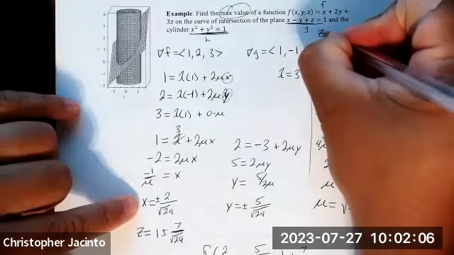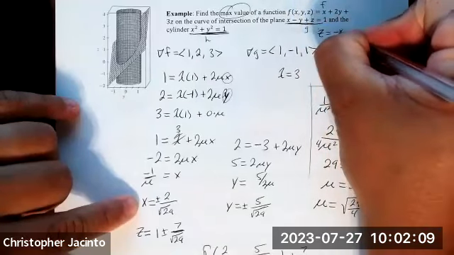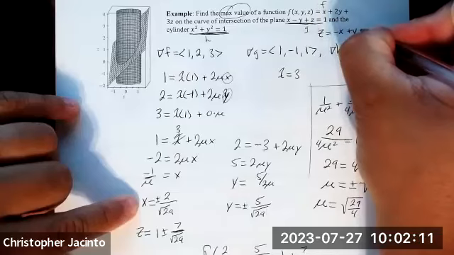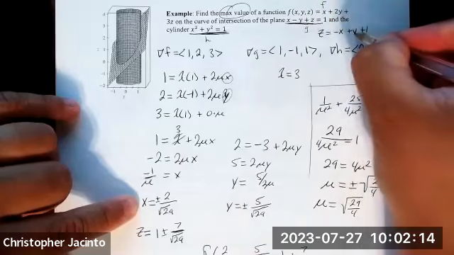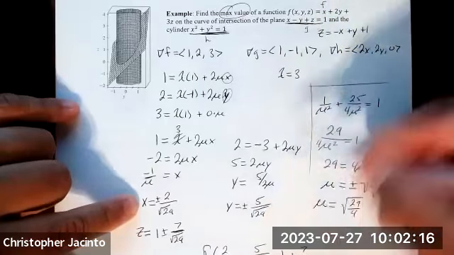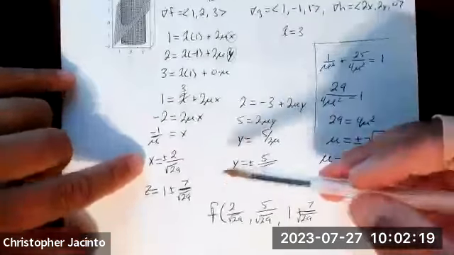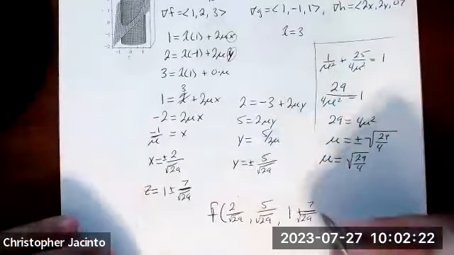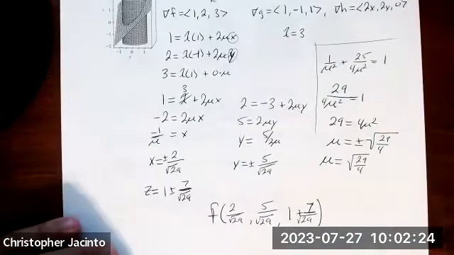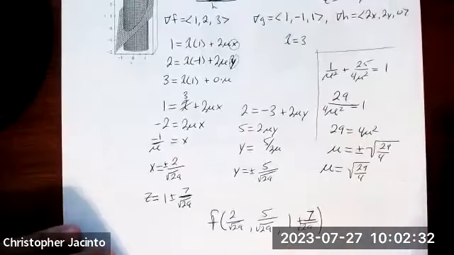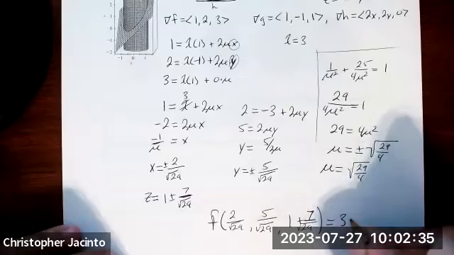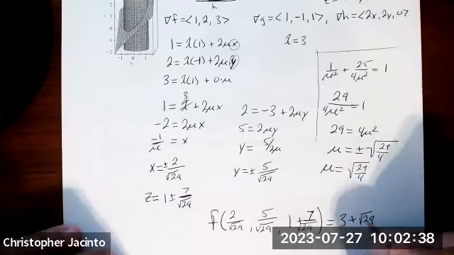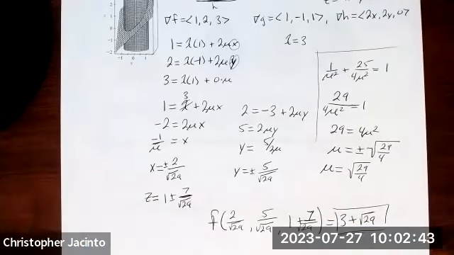So z would equal negative x plus y plus 1. So if you plug in positive x and y into here, that's what you get. So again, plugging that in, you get this. And if you plug in the negative, you just get 3 minus it. So that's why you know it's the minimum value.